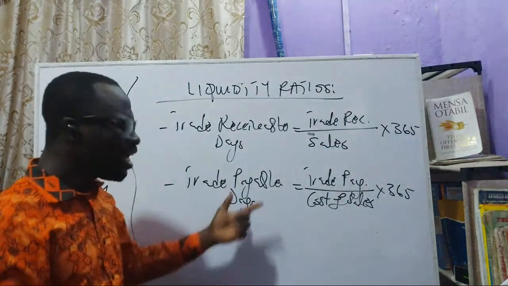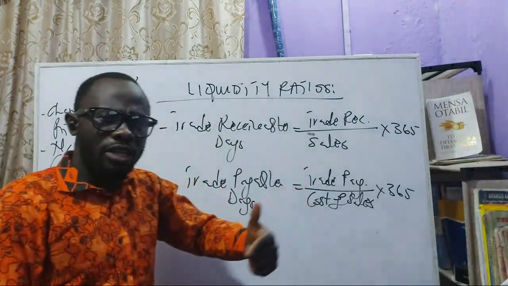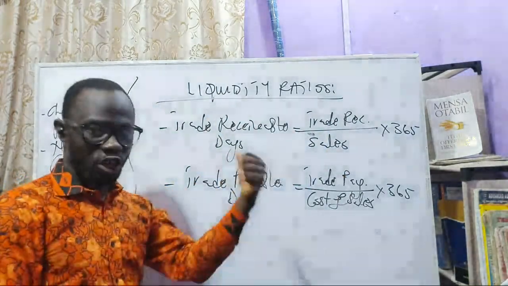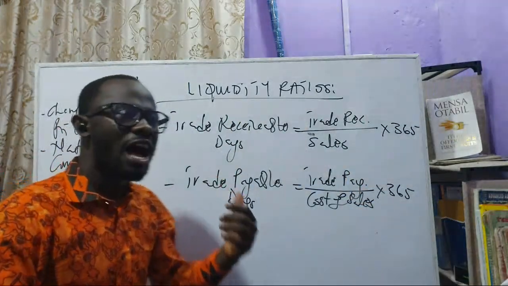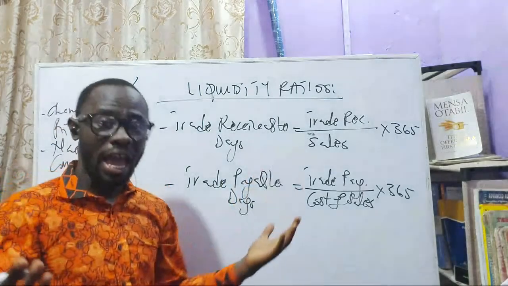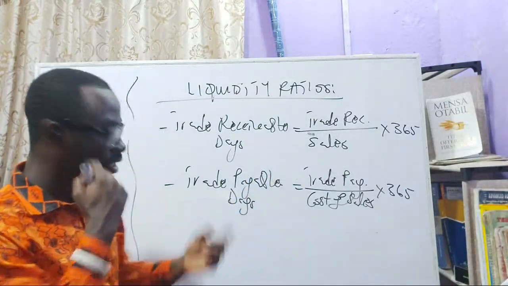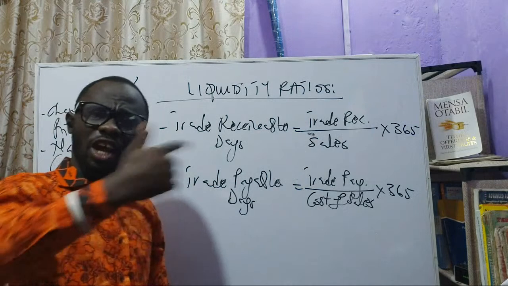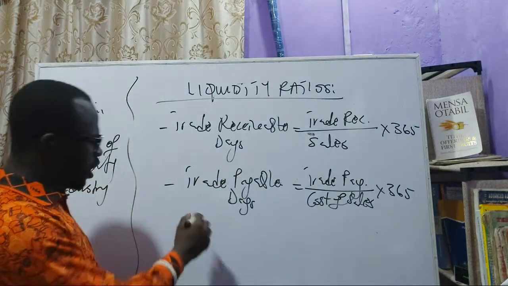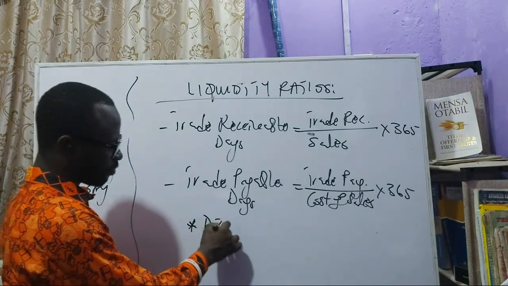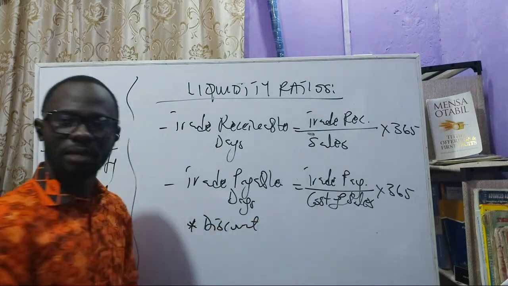However, even though long trade payable days are good for the organization, they could also have some disadvantages. Why? Number one, if we take longer to pay the people we owe, we may be losing early settlement discounts.